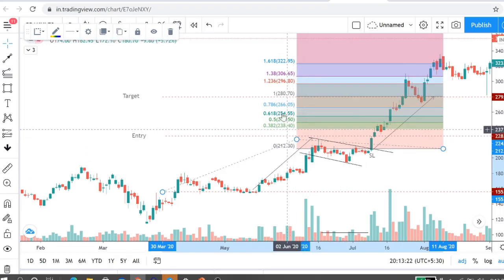Now see, your targets are given here, successive targets. Final target was 280, which was reached here. Before that also 0.618 and 0.5 are important levels. So you can keep an eye on them, as in you can do pyramiding there or you can book partial profits there. But your final target will be 100% extension over this point.